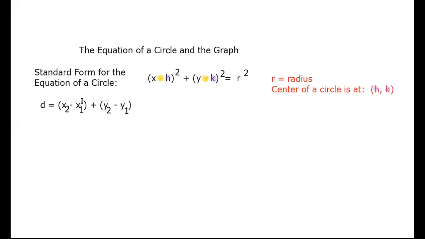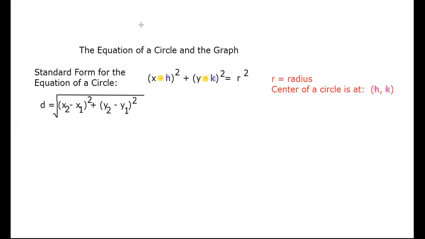And this is quantity squared, so we'll put our exponent in. And it's the square root of this whole big piece. Square root of all of that. That's your distance formula. You need to know that. You need to know it forever in math. You're going to have to use the distance formula sometimes to find the radius.